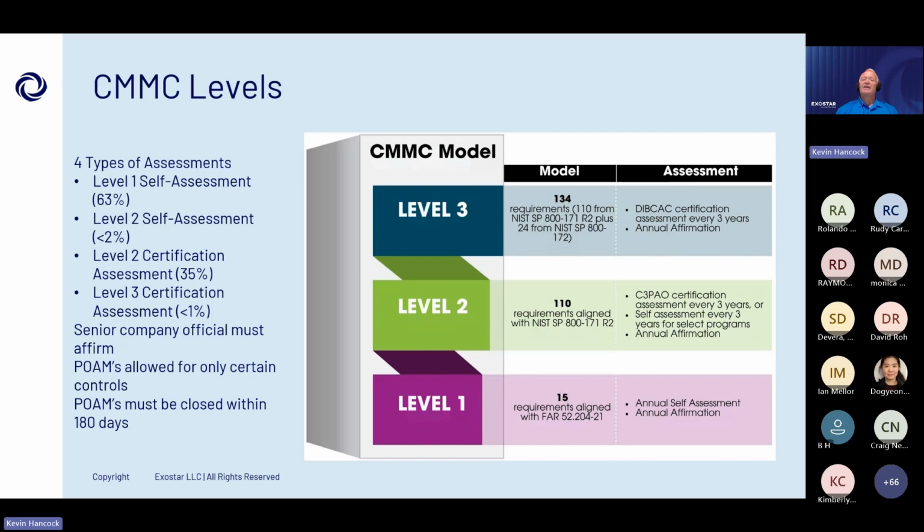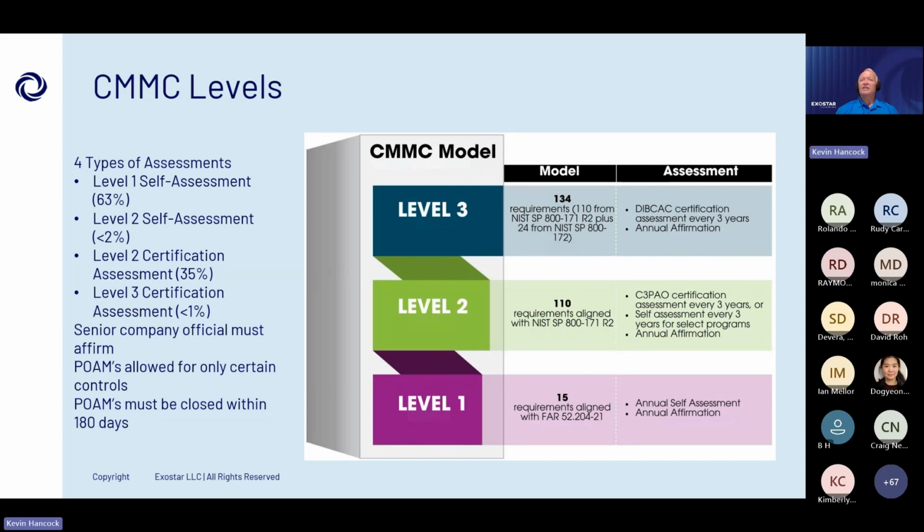Level 3 is a higher level, right? There are additional requirements along with those 110 controls of NIST 800-171. There's 24 additional controls from NIST 800-172 that you've got to satisfy. You still will have a third-party assessment, but that third-party assessment will be done by DIBCAC.